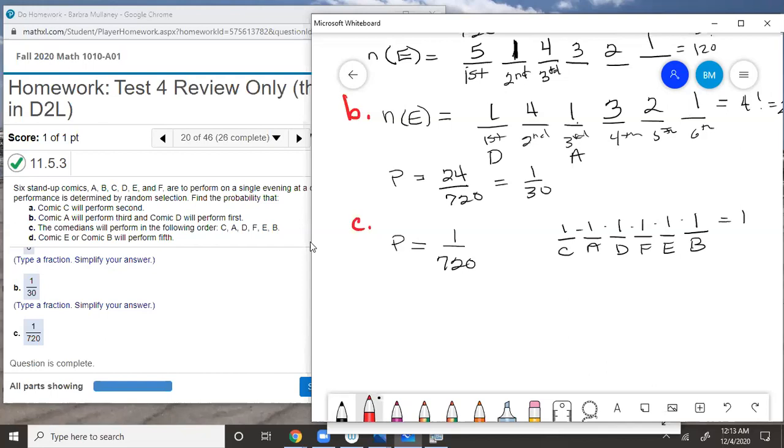And then finally, what is the probability that comic E or comic B will perform fifth? Okay, so we have our 6 different acts: first, second, third, fourth, fifth, sixth. Now it says E or B can go here.